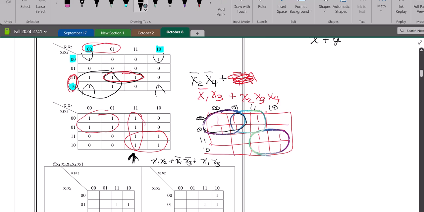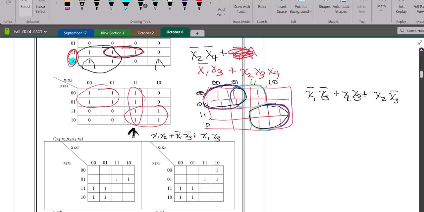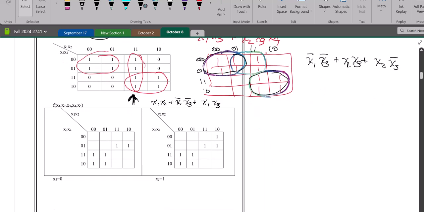These 2 are the same, and that one was x1 bar, x3 bar, and the bottom right one was x1, x3, and then this one in the top middle is going to be x2, x3 bar. So any questions on that before we get to our 5-variable Carnot map?